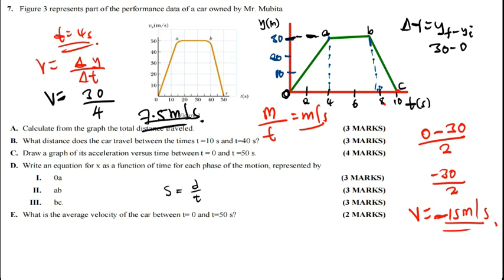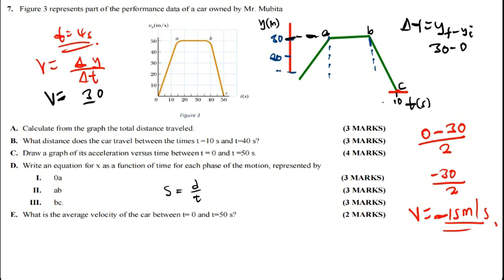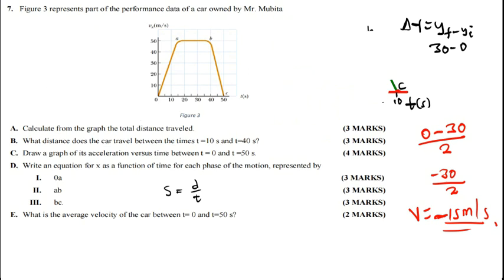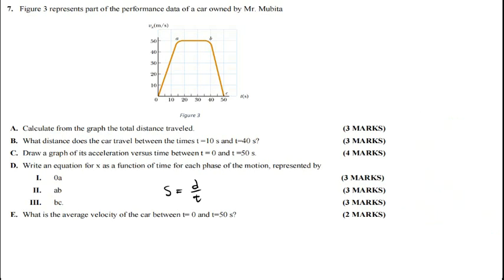Okay. Now let's talk a bit of velocity time graph. Under velocity time graph there are a few things which you need to be familiar with: how to find the acceleration, how to find the distance.